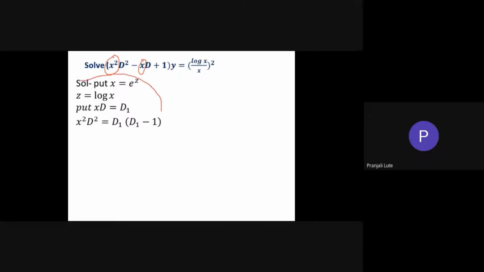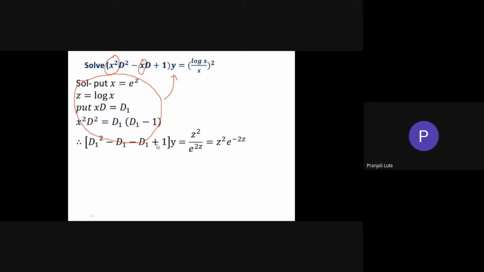So this x square D square is D1 into D1 square, minus D1 into 1 D1, minus xD equal to D1. So write down here D1 plus 1, y equal to, see here, log x square upon x square.